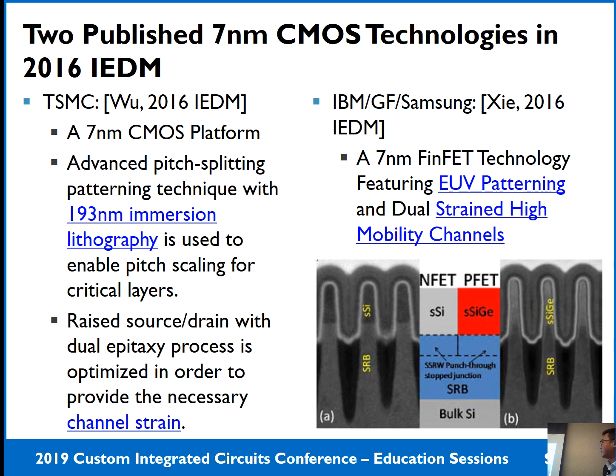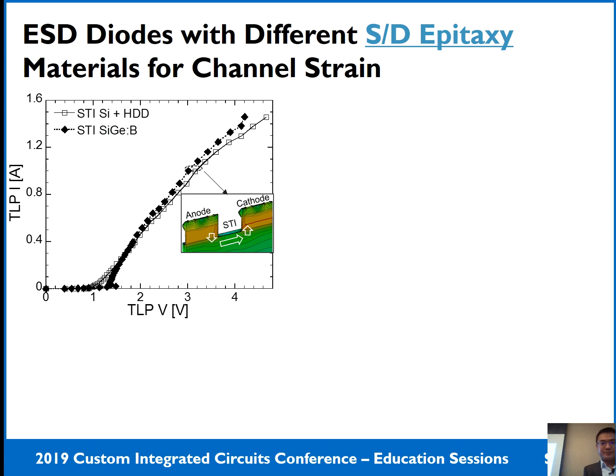But in another paper, the channel strain is from the substrate, and even for the PMOS, the channel material is changed. Okay, so let's look at how this source strain will impact the ESD diode performance.